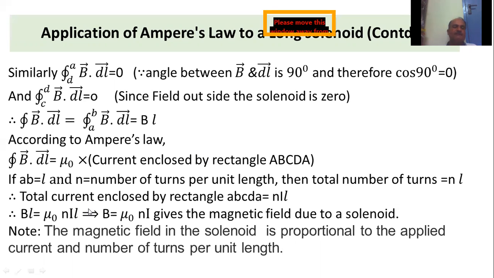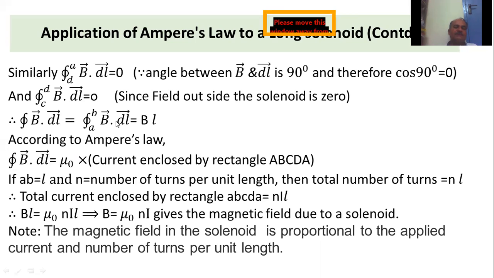Therefore the total current enclosed by the rectangular path is equal to nIL, and this equation becomes the closed integral of B dot dl is equal to mu naught times nIL. You have to substitute nIL here. Then compare this equation and the earlier equation, the closed integral of B dot dl is equal to BL. Two equations are there. LHS are the same, therefore RHS are equated.